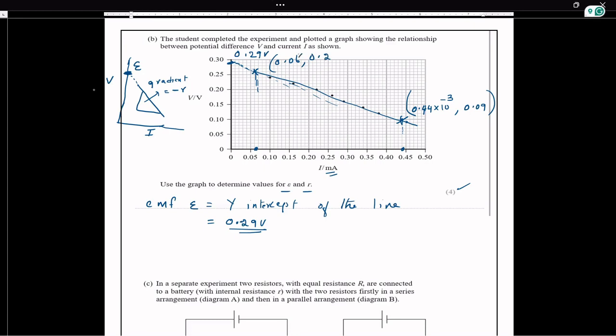Don't forget 10 to the power of negative 3 times 0.26. That means this is the point, and this is the point. These are the 2 points. If you want, you can show that as a triangle.